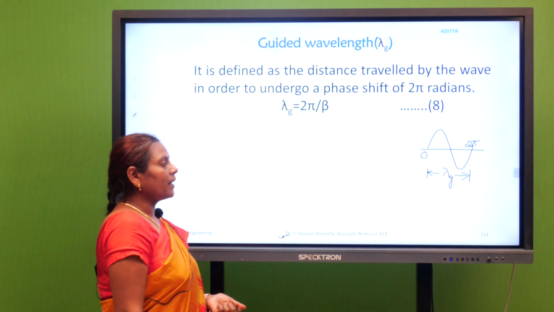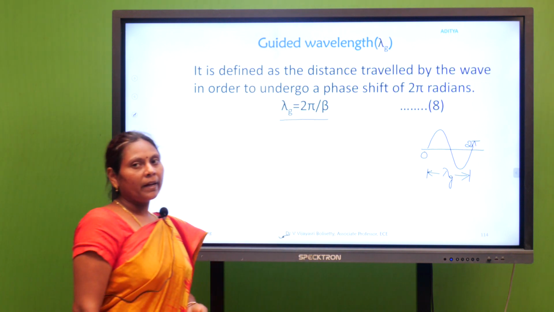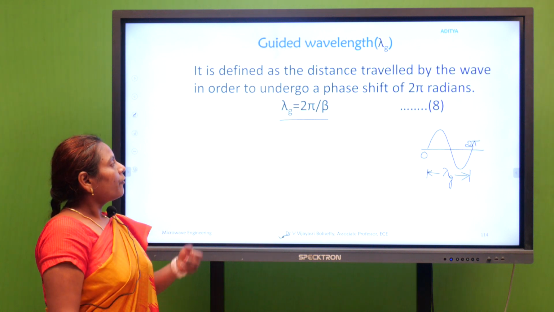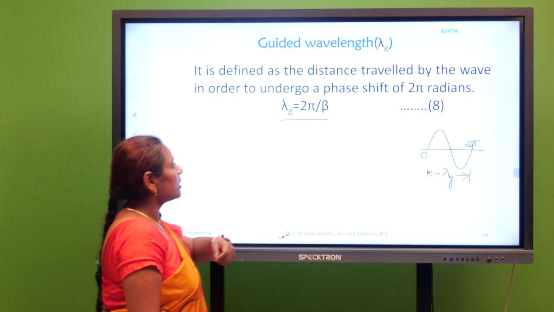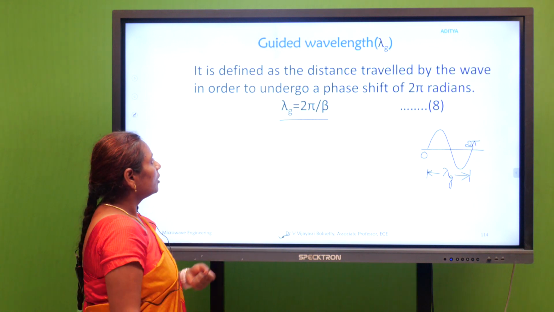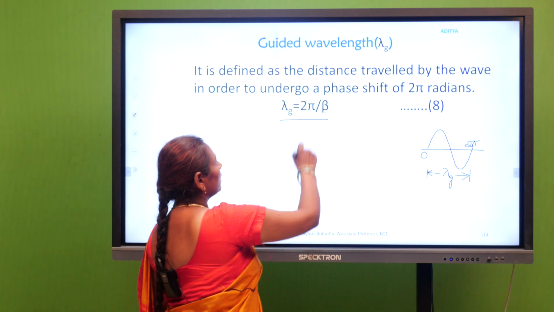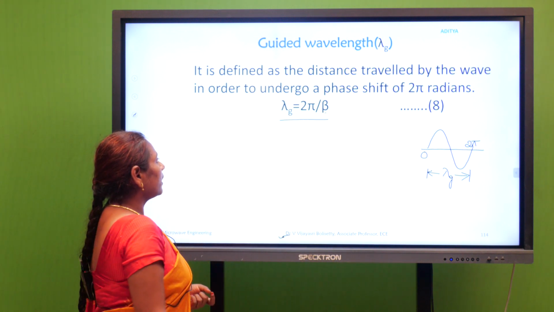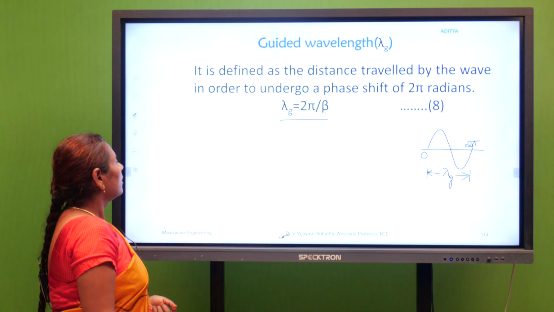How do we express lambda g? Lambda g is equal to 2 pi by beta, continuing from the last session, equation number 8, where beta is the phase constant and the wave undergoes a phase shift of 2 pi radians.